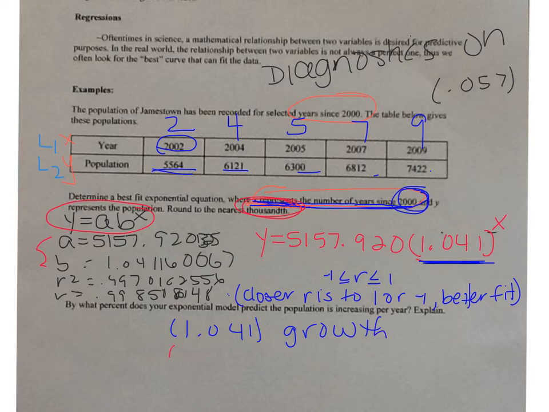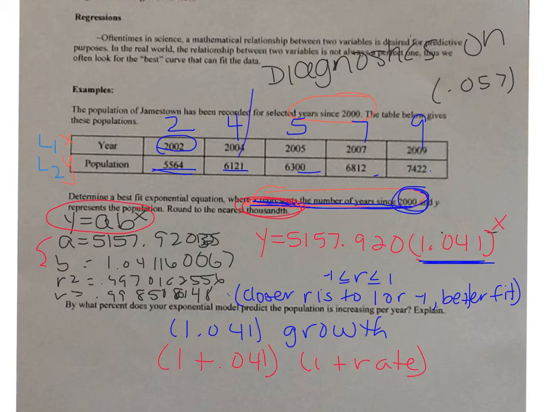I want to know what the percent growth is. So remember, this is 1 plus 0.041. Okay, so remember, this is R plus, not R, jeez, what's wrong with me tonight? This is 1 plus your rate. So your rate is 0.041.